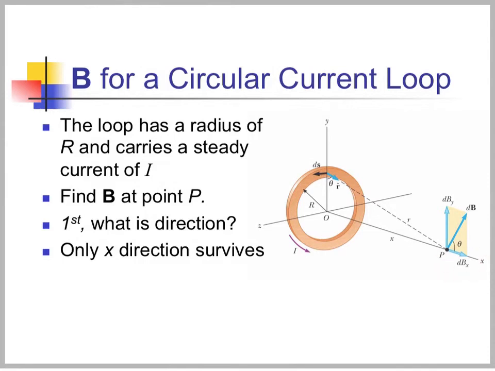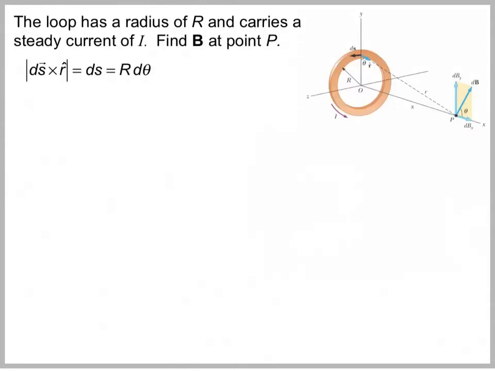So now that we know the direction, we just need to figure out the magnitude. So first, ds cross r hat, in this case, again, is just ds, which is r d theta around the loop. Now, over here, we see that the x component is going to be dB cosine theta.